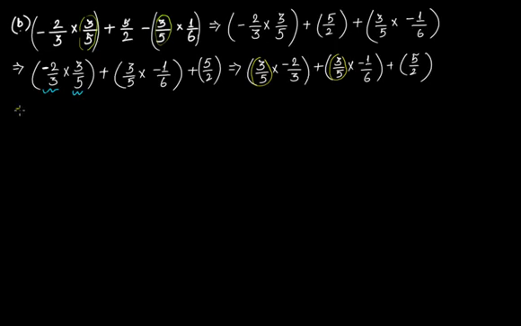So this gives you 3 over 5 times minus 2 over 3 plus minus 1 over 6, right? Because if you open this and apply distributive property, what will you get? 3 over 5 times minus 2 over 3 plus 3 over 5 times minus 1 over 6, that's the same thing.